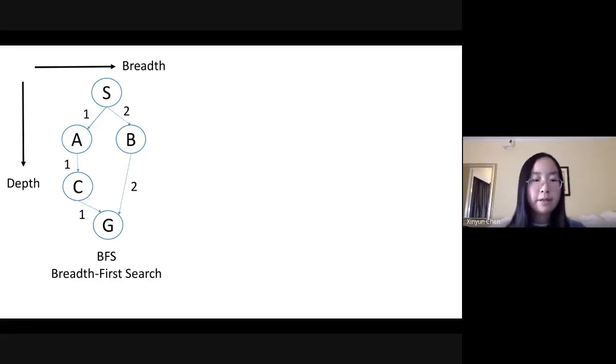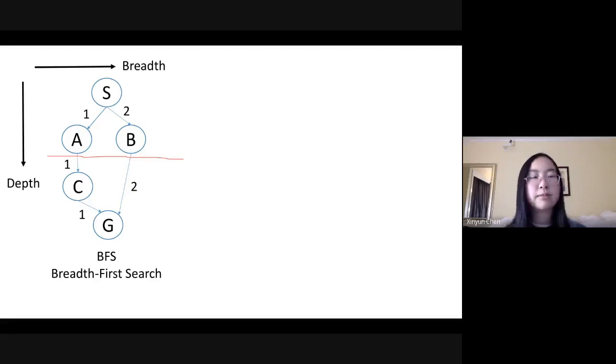Breadth just means that we will consider how many nodes are at the same depth of the graph. Here, depth is computed according to the number of edges between the start node and the current node. So what do we mean by breadth first search?